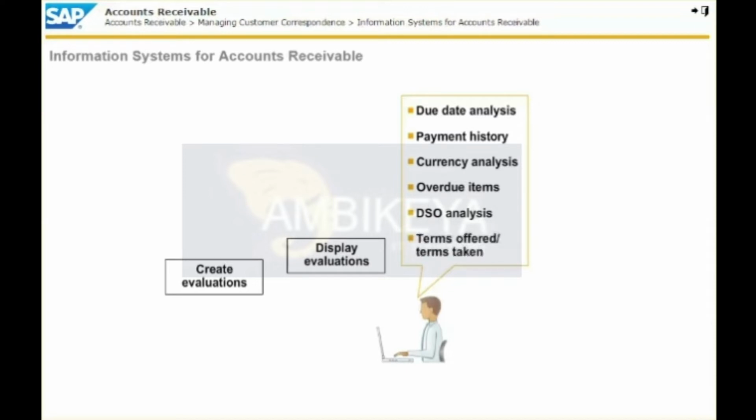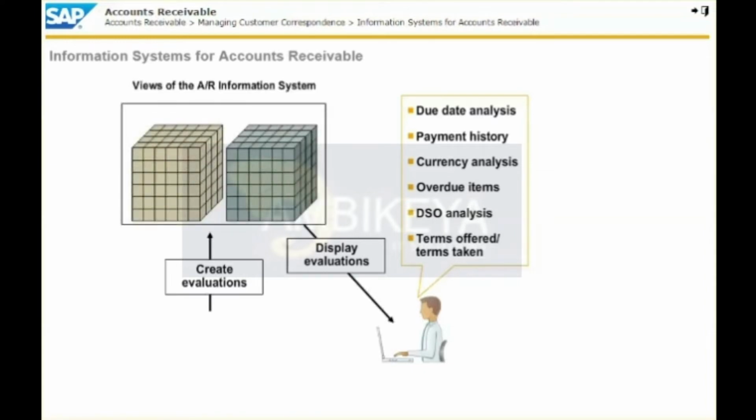Customer cash discount history, that is, days agreed or days taken. These analyses are based on pre-selected data sets or views that must be generated or updated at regular intervals by means of a background run from the SAP database. A job wizard helps you here with the update.